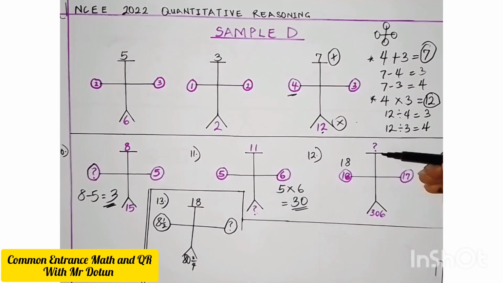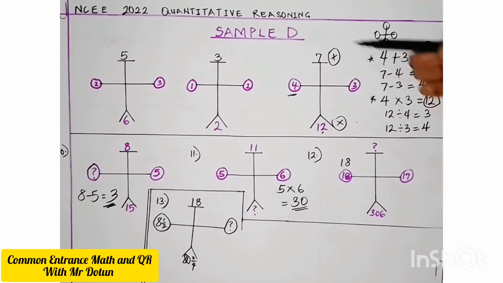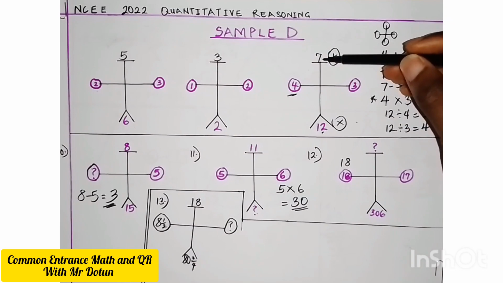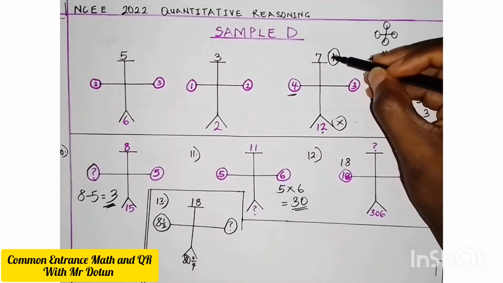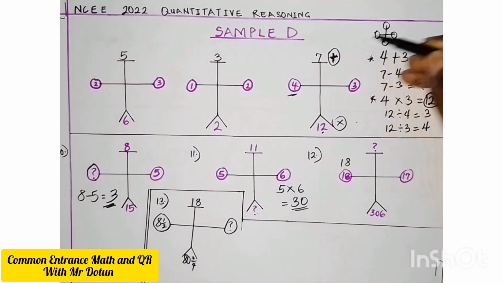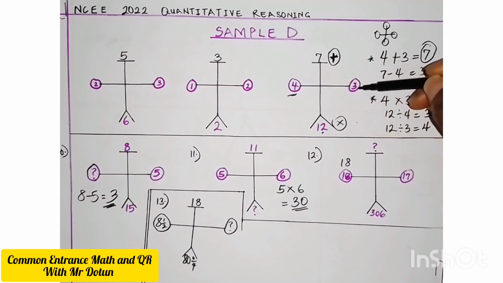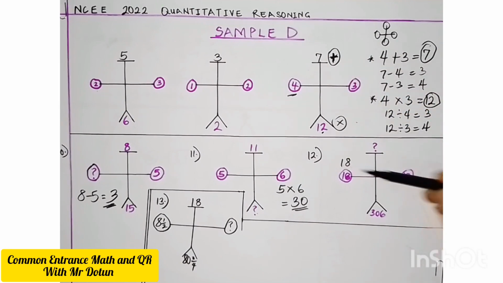Alright, so the missing part in number 12 is the one on top. And that's the one in place of 7 here. So how did we get 7? We have 4 plus 3. So we're going to do 18 plus 17.